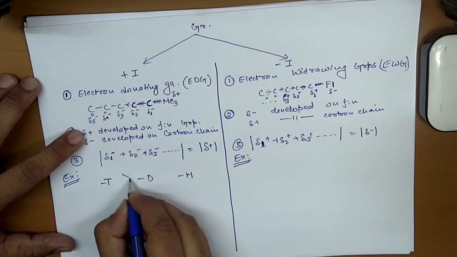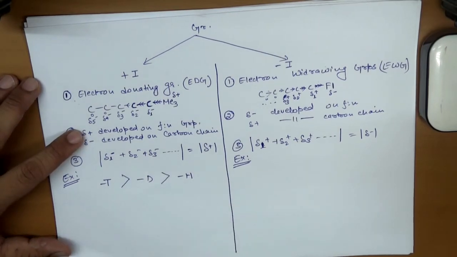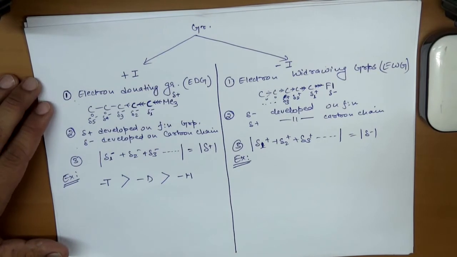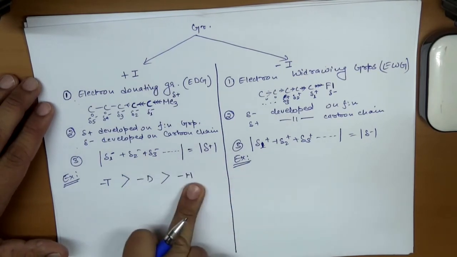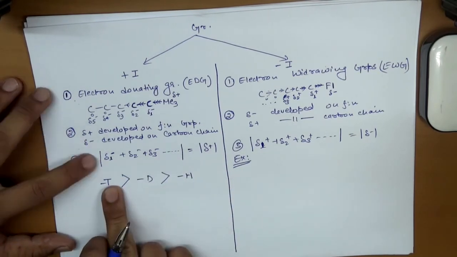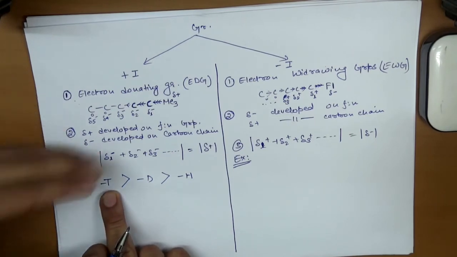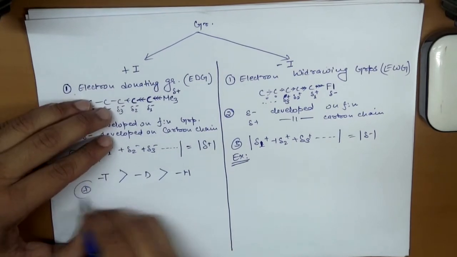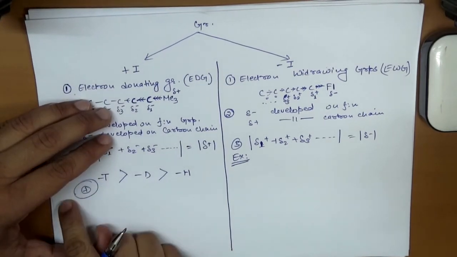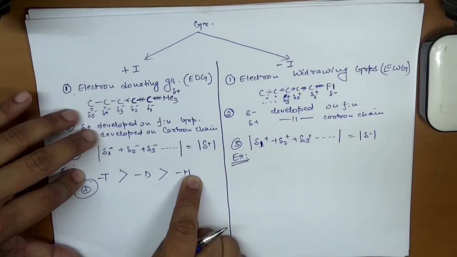So I will tell you that tritium is a better electron donating group than deuterium and then hydrogen. This is all because the tritium size is very big. The electrons are on the outermost shell as compared to deuterium or hydrogen.